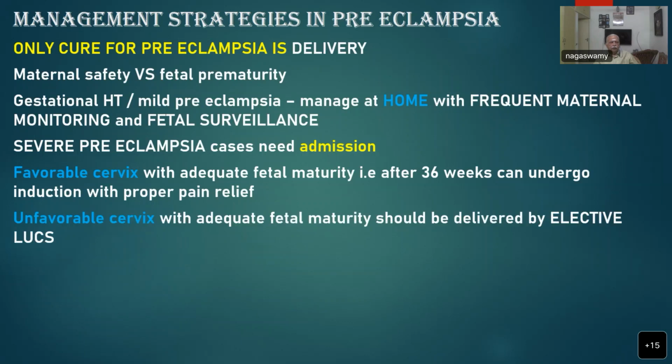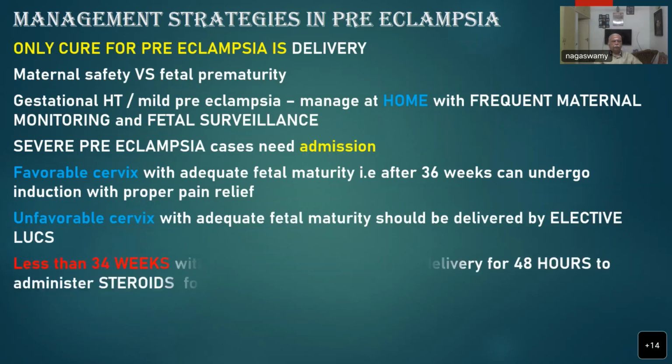Whereas if it is an unfavorable cervix, so it is not dilating, with adequate fetal maturity, it can be delivered by elective lower uterine cesarean section. So you can plan for an elective section instead of allowing the labor to get started and allowing the mother to suffer from pain.